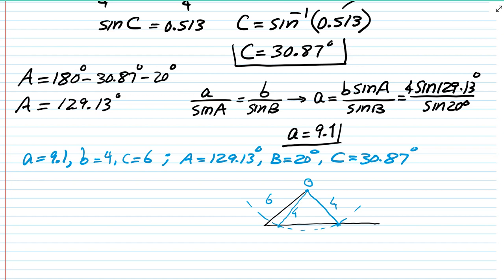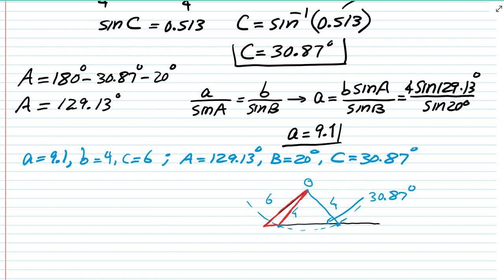When you draw it, it crosses the opposite side of that triangle in 2 places. Right now, this is what we found. This was 30.87 degrees. The other possibility for the triangle is right in here. You see that?